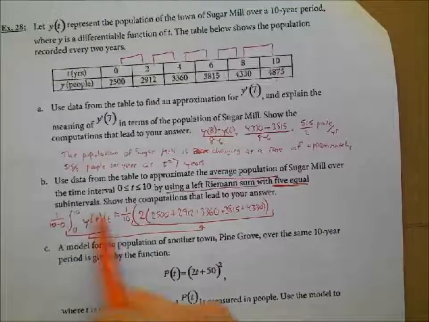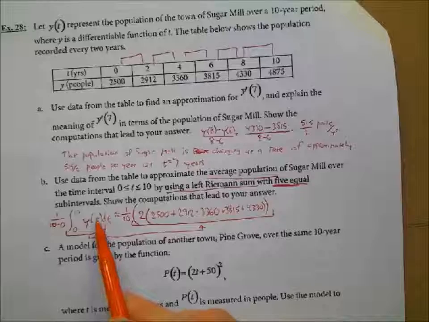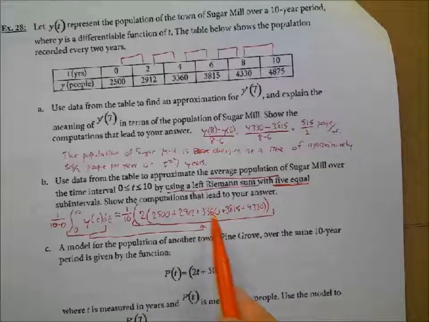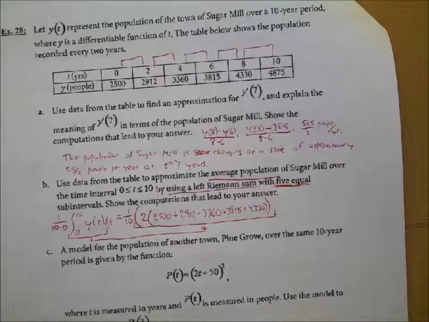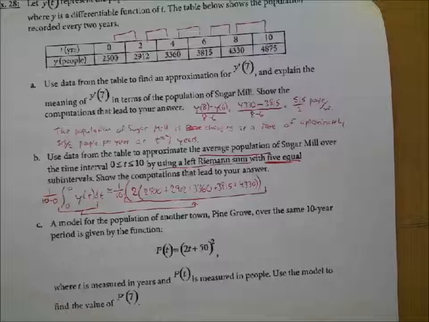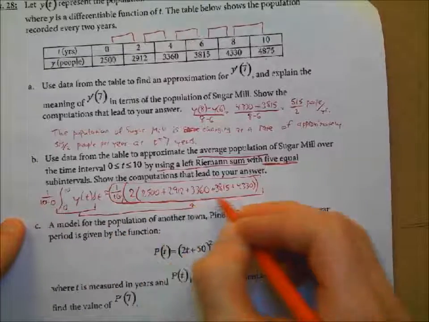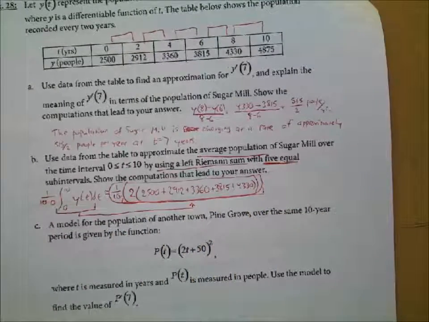The integral, whose value we cannot find exactly, we're going to approximate using the left Riemann sum, and the 1/10 is from the 1 over b minus a. The average value. So we can leave it like that. We actually don't need to compute the rest. We can just stop there and say that's our answer.